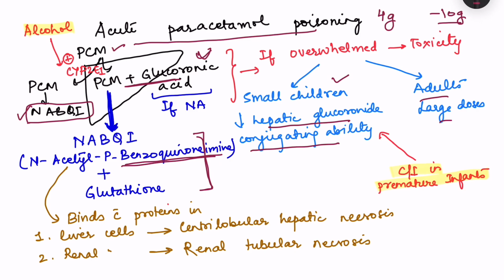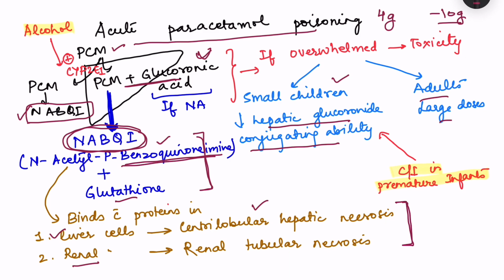So more of this toxic metabolite is produced. Now it combines with glutathione, but glutathione stores are also limited, so they will be depleted. That means there will be accumulation of this toxic metabolite. Now this toxic metabolite binds with proteins in liver cells causing centrilobular hepatic necrosis and to renal cells causing renal tubular necrosis. So there is hepatic failure and also renal failure with acute paracetamol poisoning.